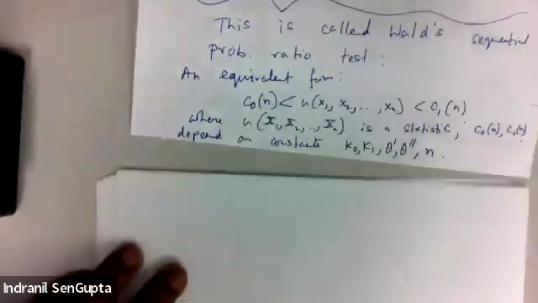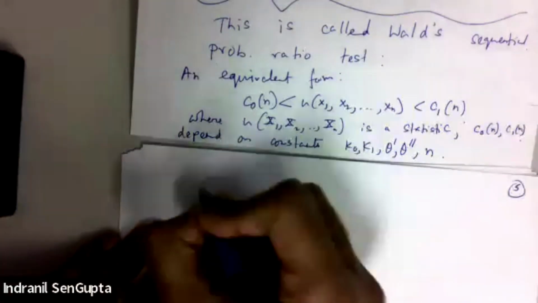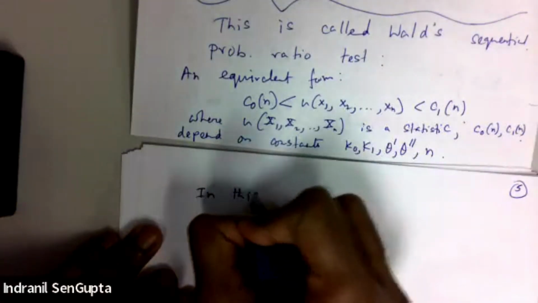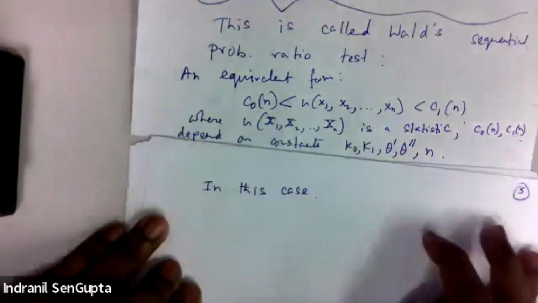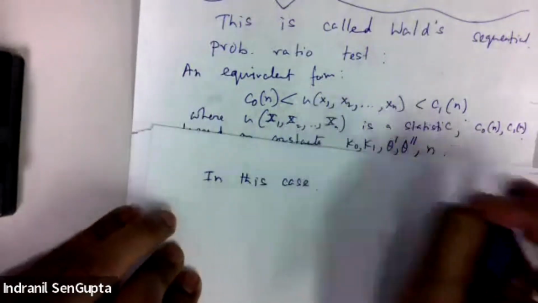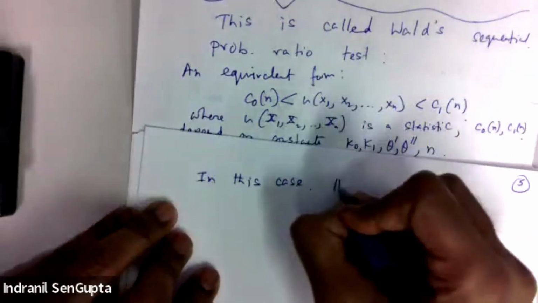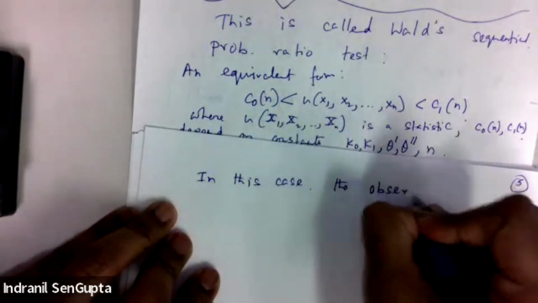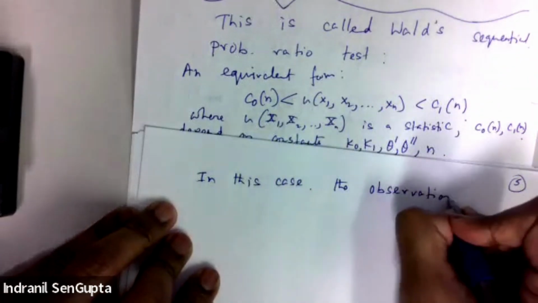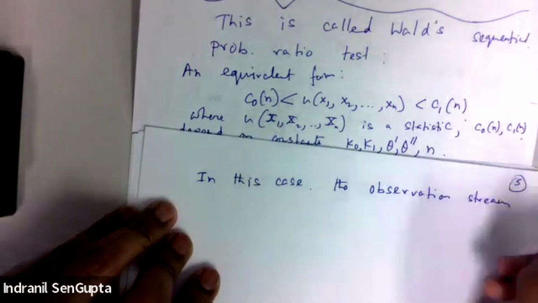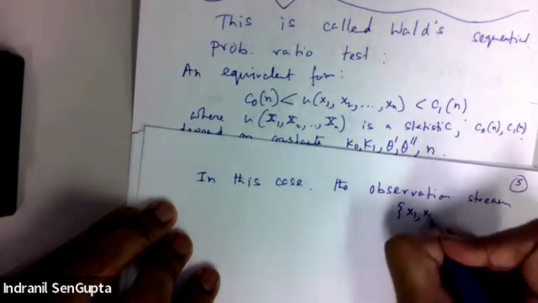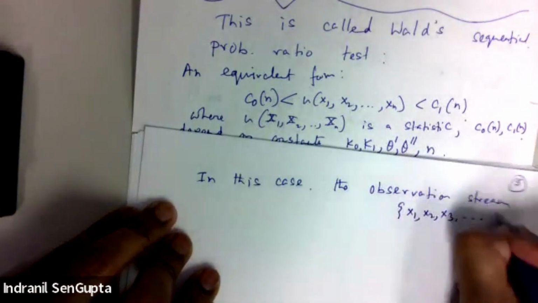So, and the decision rule in this case, the observation stream, that means remember that we have x1, x2, x3, all these observations are coming.